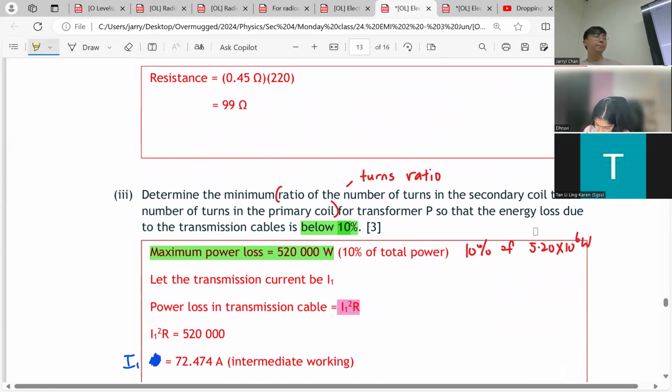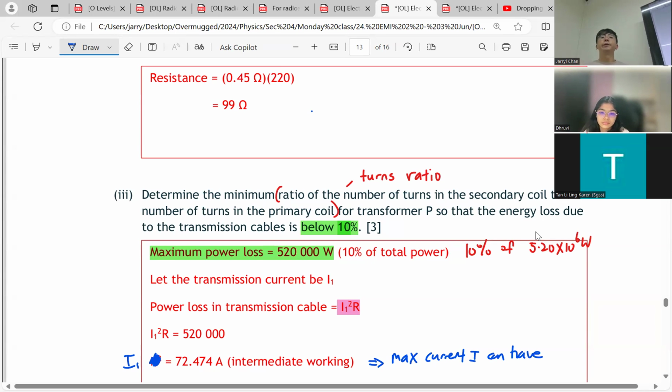So the current minimally must be 72.47, or rather, sorry, the maximum current that I should have is 72.474. Anything more than this, I will have too much power loss. So when you drop this down, make sure you understand the idea. This is actually the max current I can have.